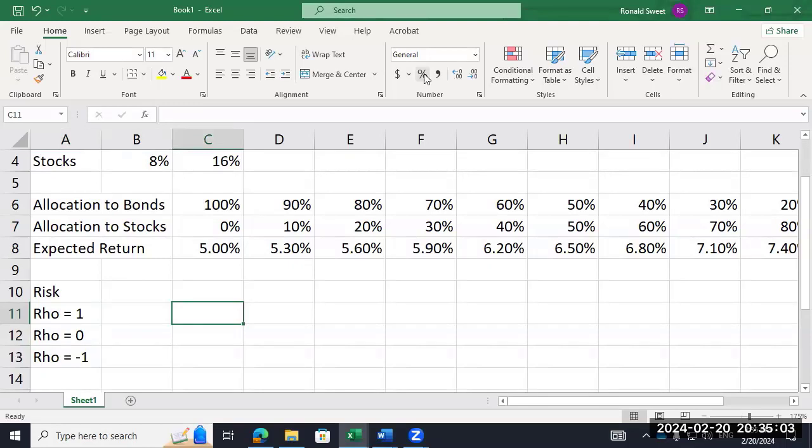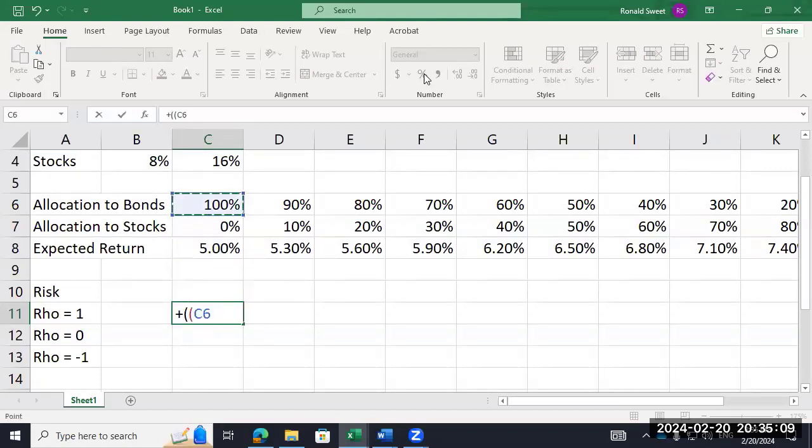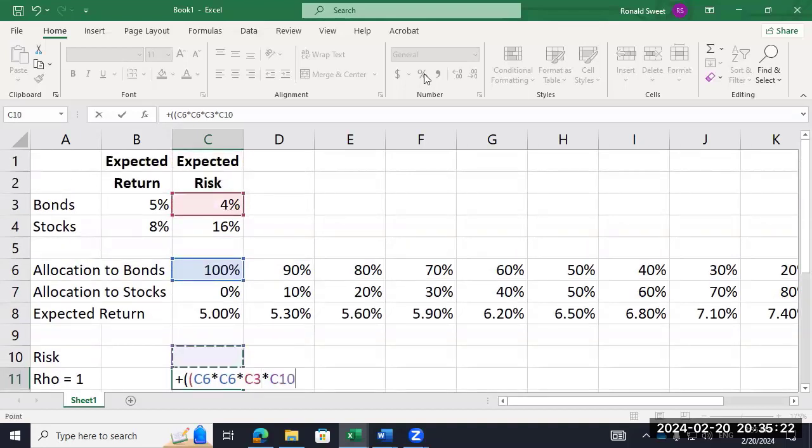So how do we do this? We're going to do the weight of A squared times, remember the next one without looking? Weight times standard deviation times standard deviation. What's the next piece? Weight of B squared times what?